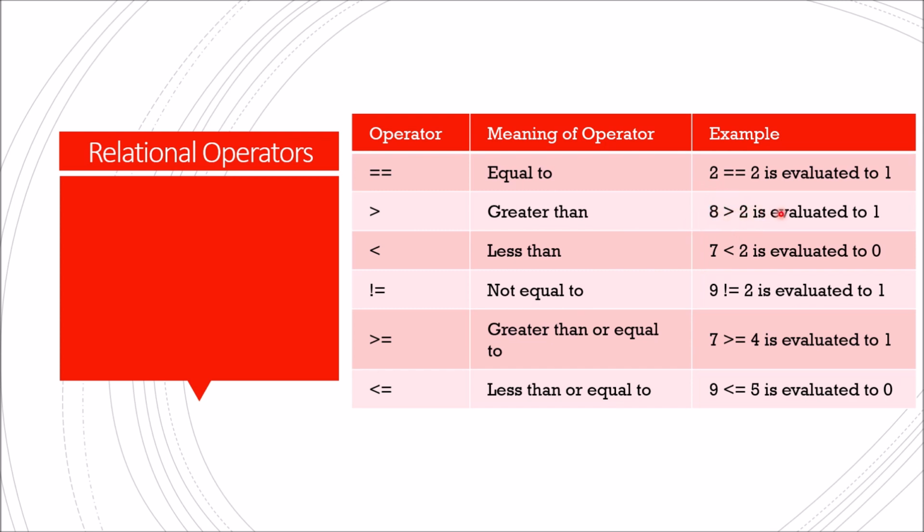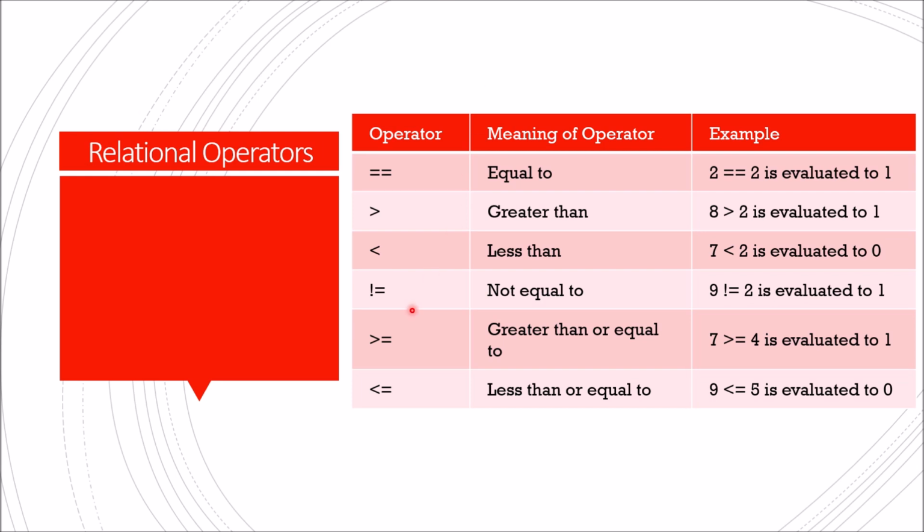Yes, it is true, so it will be evaluated to 1. Now the next expression, 7 is less than 2. It's actually false, so the value given to this statement will be 0 because it is a false statement. And so on and so forth.